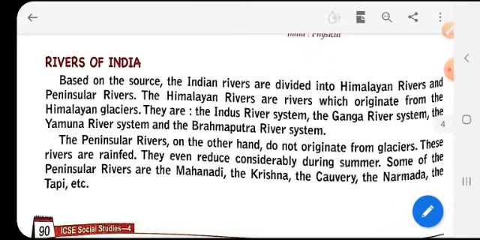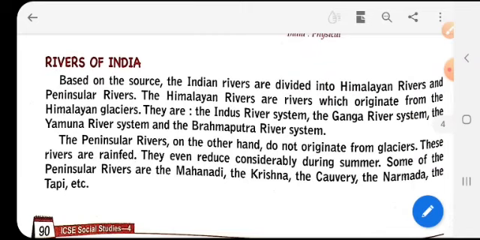The peninsular rivers, on the other hand, do not originate from glaciers. These peninsular rivers in the southern part of our country do not originate from glaciers like the northern mountains. These rivers are rain fed.